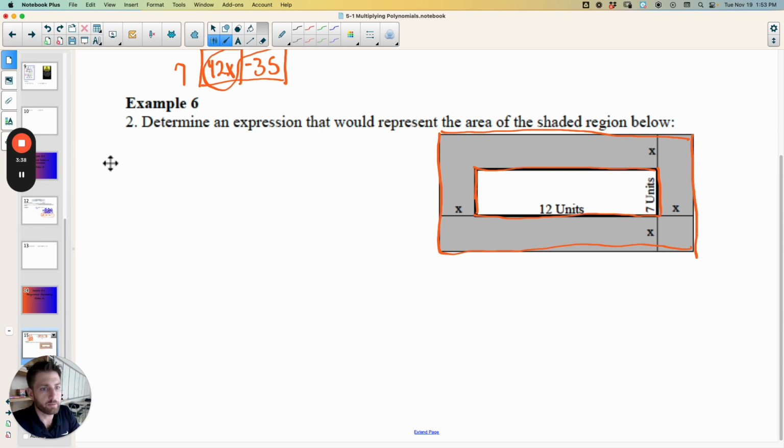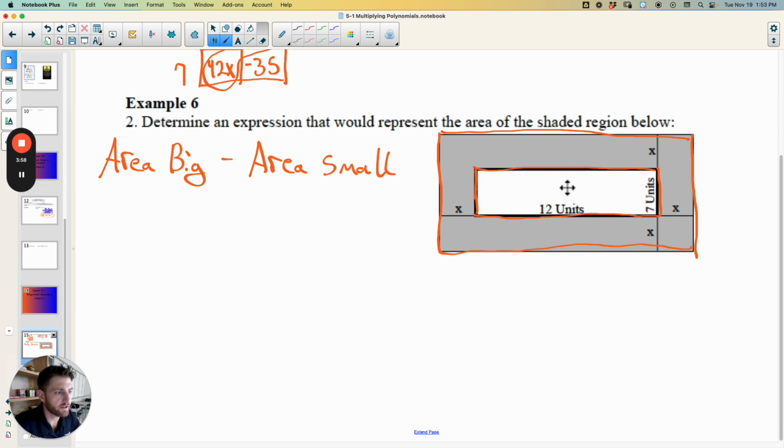Okay, so I'm going to say the area of the big rectangle minus the area of the small is going to give us the shaded area. Okay, so let's figure out how to do that. Well, it looks like I can easily find the area of just this little white space here, and that's just going to be 12 times 7.